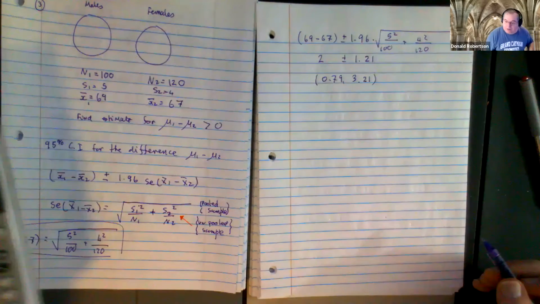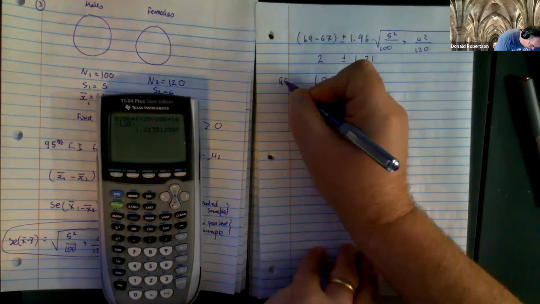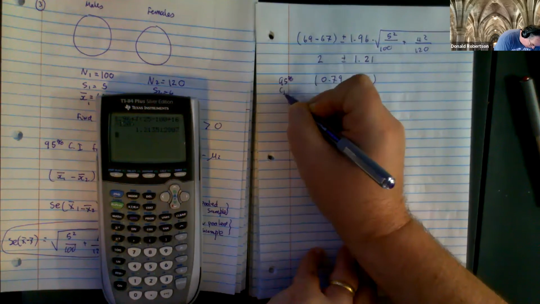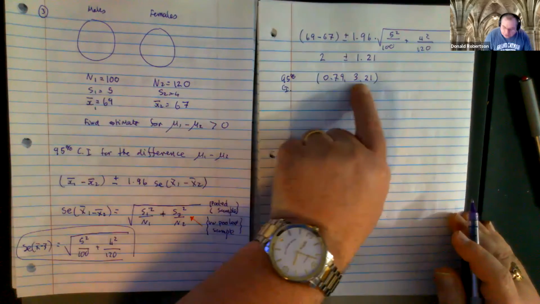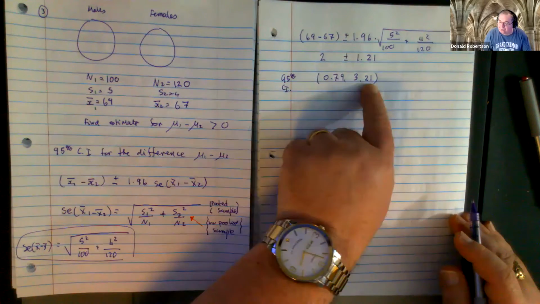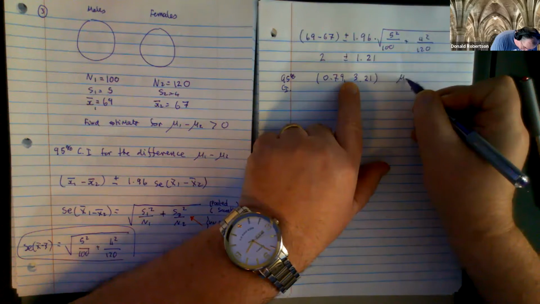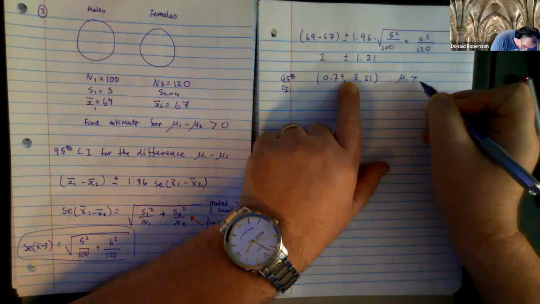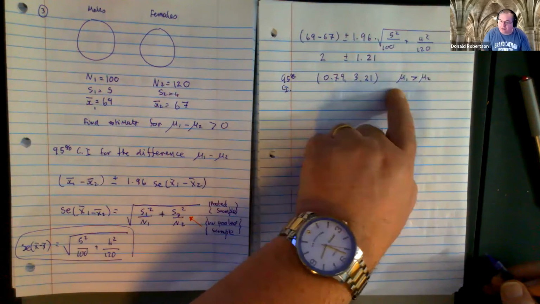And guess what? I was wrong. This 95% confidence interval for the difference between the two means is all positive. And if all the numbers in the interval are positive, that means that the first one is bigger than the second, right? Males are taller than females.